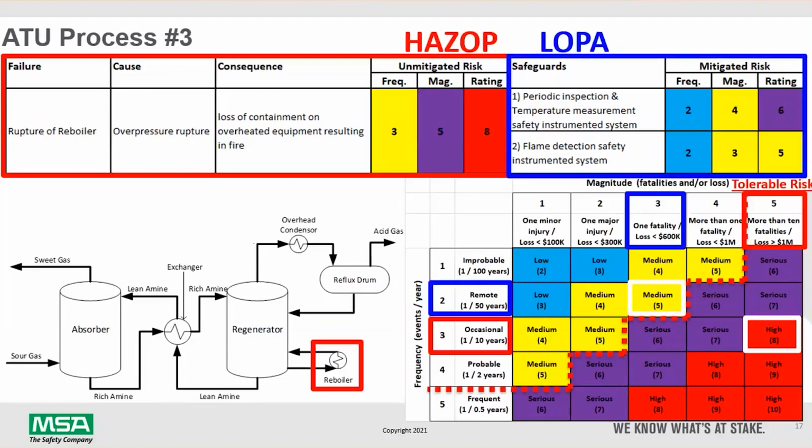So the safeguards that could be implemented, again, maybe periodic inspection, and in this case, a temperature measurement safety instrumented system. And that would drive us to a mitigated risk rating of 6. So in addition to that, adding flame detection safety instrumented system, that would put us into a category 5 and put us into the tolerable risk level.